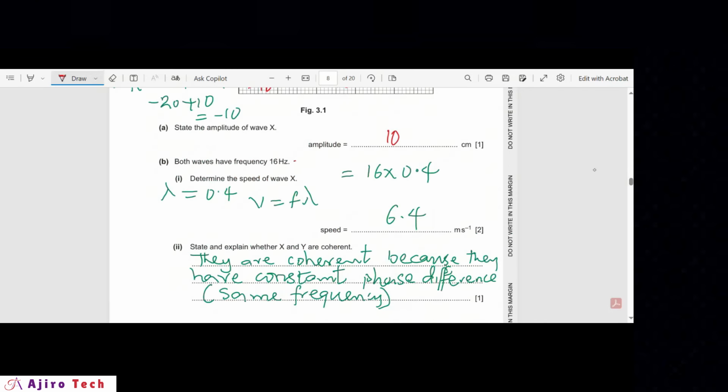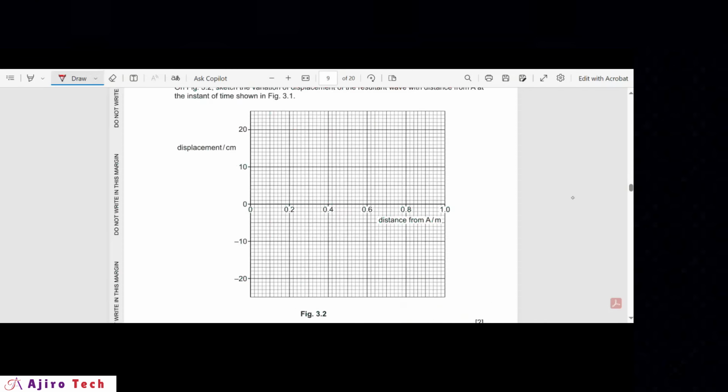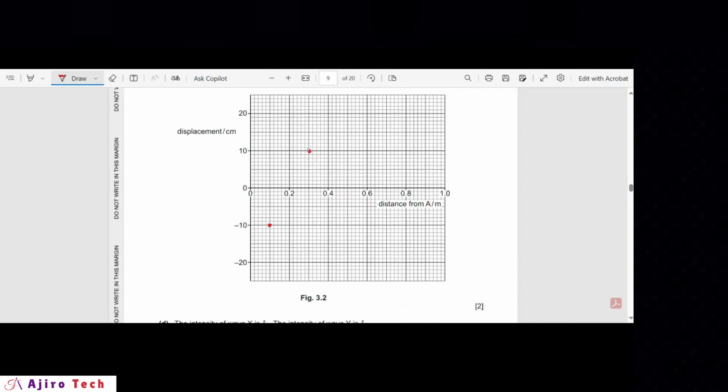Then plus 10 on the next one, and so on. So that's how we are starting from 0 here.